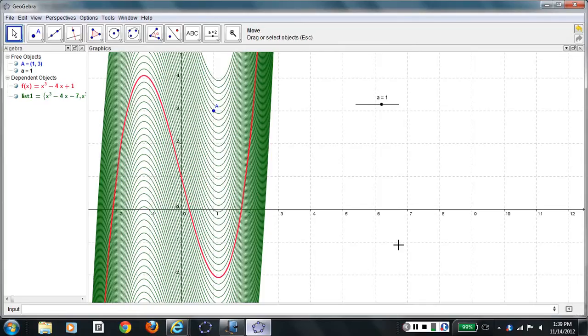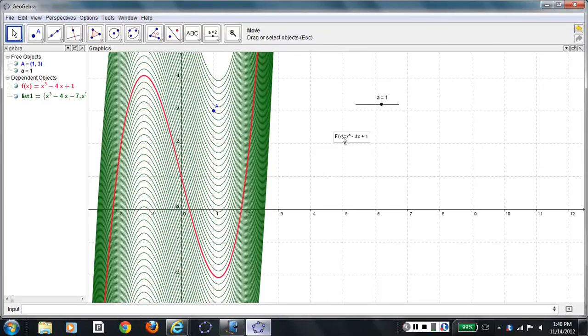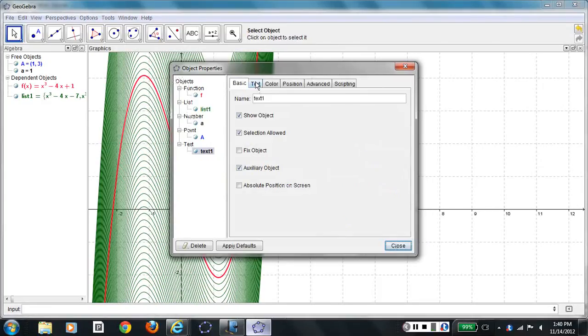All right, so what I would want is the one, and let's go ahead and display it. Let's say big F of x equals, what did it call it? Little f, I guess. Little f, and make it large.